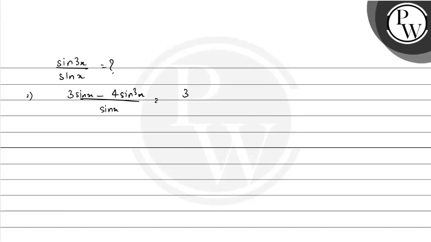This is basically written as 3 minus 4 times sine square x, because sine x is also non-zero. And 3 minus 4 times sine square x can be rewritten using sine square x as 1 minus cos square x. It's a basic identity that we all know. And this is 3 minus 4 plus 4 cos square x, or simply 4 cos square x minus 1.